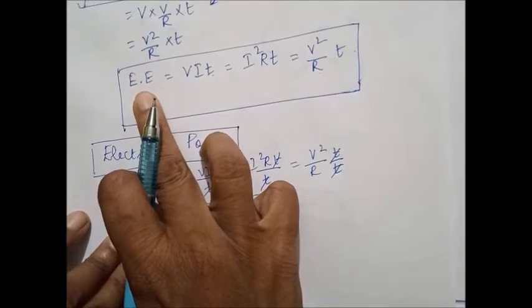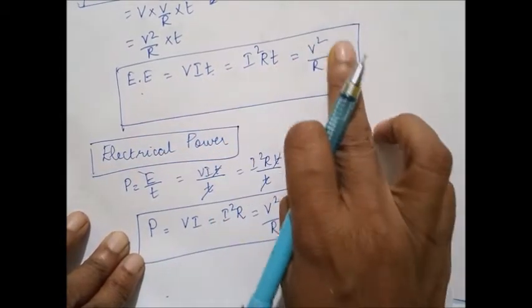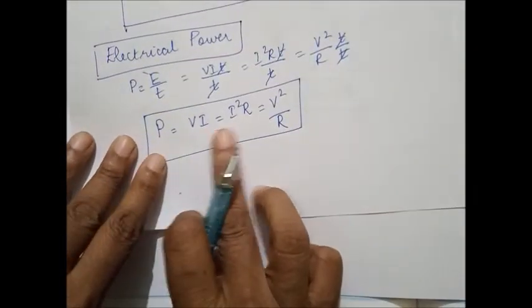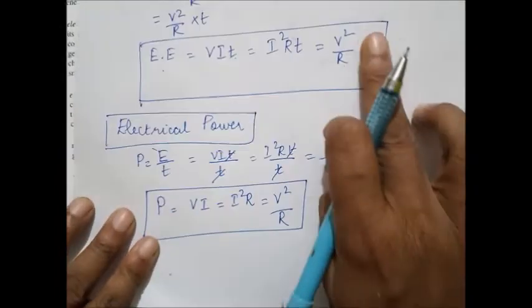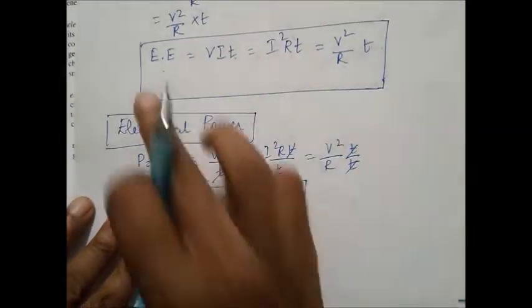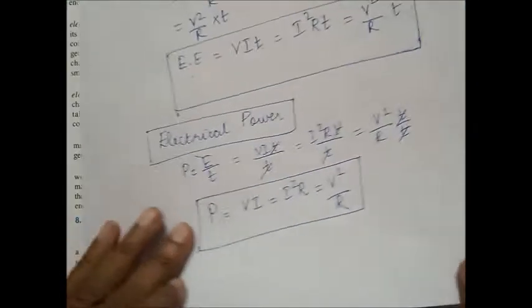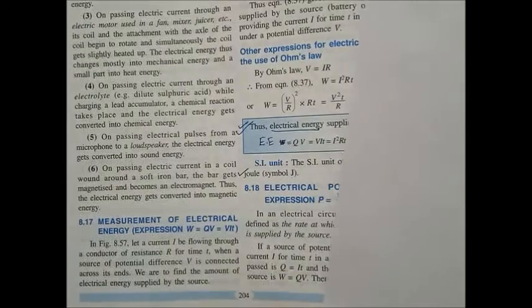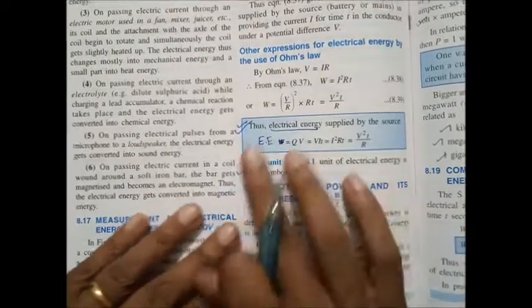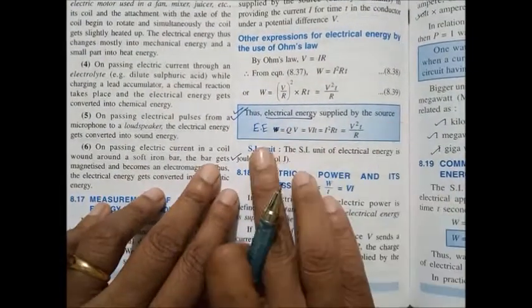These are the three formulas for electrical power. These are for electrical energy: VIT, I squared RT, V squared by R into T. This is VI, I squared R, or V squared upon R. Only the T terms will not be there. Remember any one thing, then the other is easy to remember yourself. Now come to the book. We have put a tick mark here. Electrical energy, three formulas.